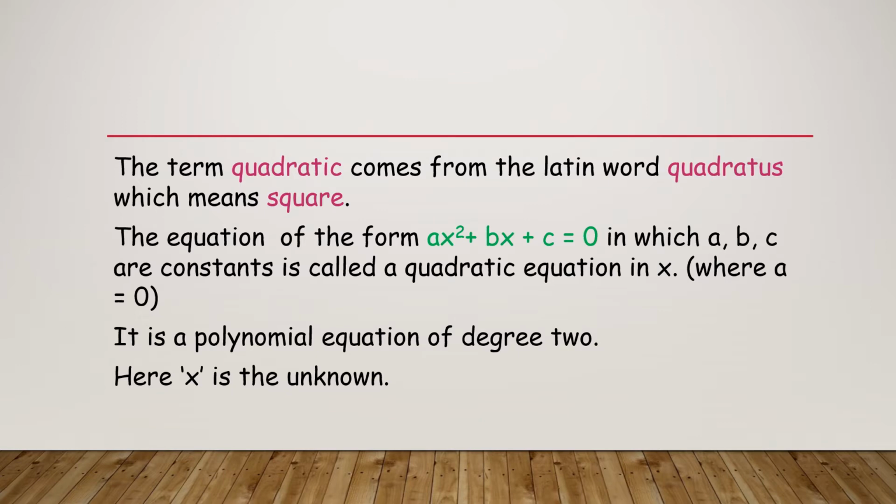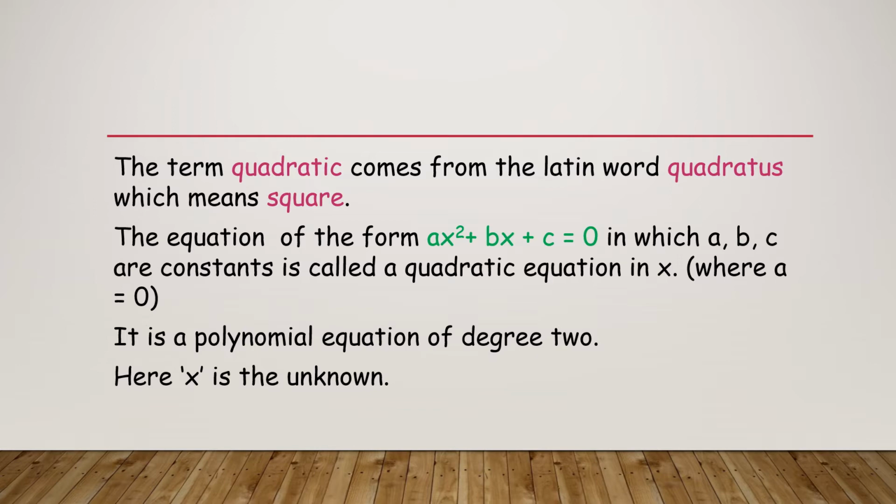The term quadratic comes from the Latin word quadratus, which means square. Quadratic equations are the second type of equations, which come after linear equations. In a linear equation, the power of the unknown is 1, or the degree of the equation is 1.